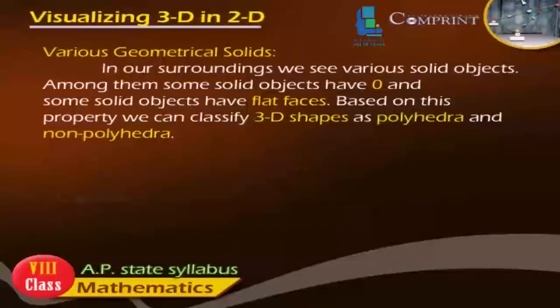Various geometrical solids. In our surroundings, we see various solid objects. Among them, some solid objects have curved faces and some solid objects have flat faces. Based on this property, we can classify 3D shapes as polyhedra and non-polyhedra.